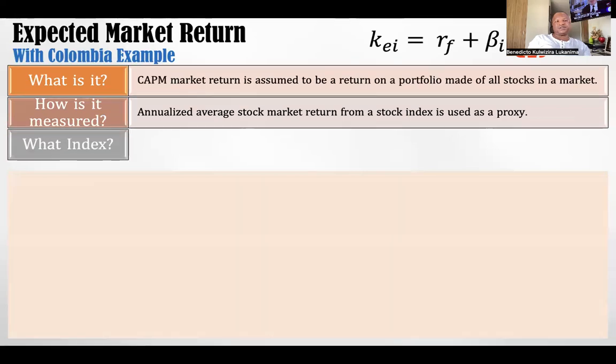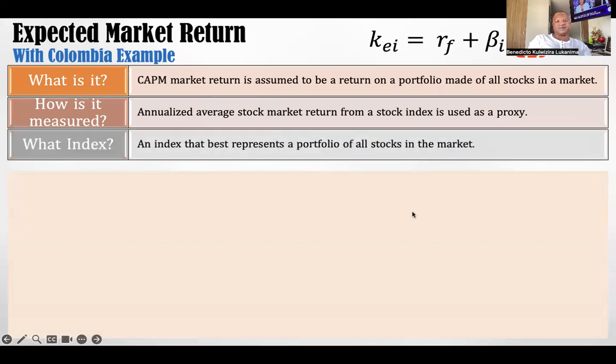Another important question, what index? There are several indices. And what we need is an index that best represents the portfolio of all stocks in the market. Realistically, there is no index for all stocks, but just the best representative.